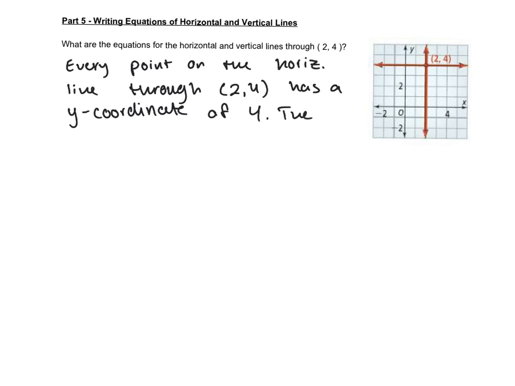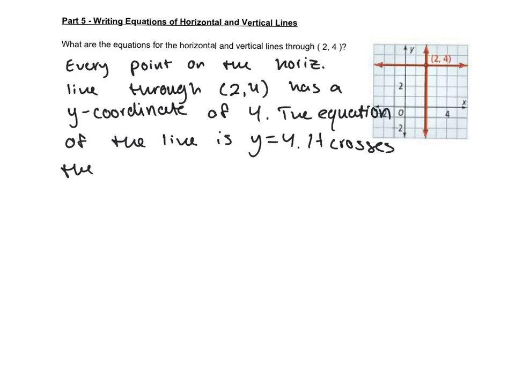So the equation of the line is y is equal to 4, because it crosses the y-axis at 0, 4.